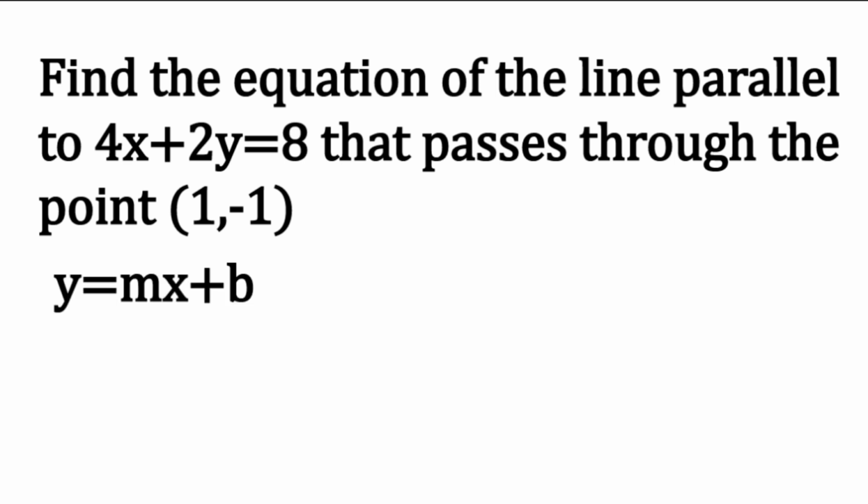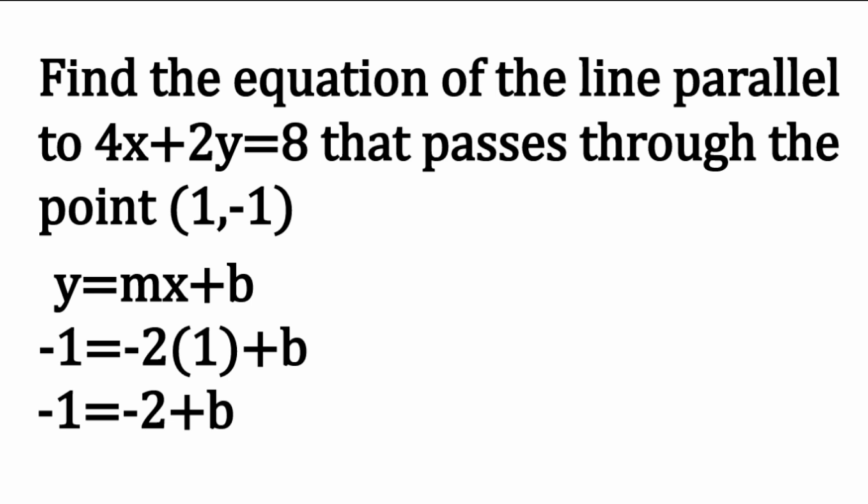We can use the slope-intercept form. We can substitute y with negative 1, m is negative 2, the slope, and x is 1. So we have negative 1 equals negative 2 times 1 plus b, or negative 1 equals negative 2 plus b, or we can have this as b minus 2 equals negative 1.